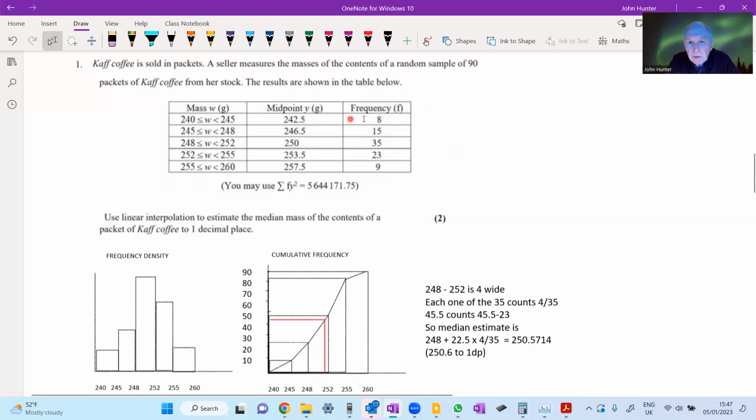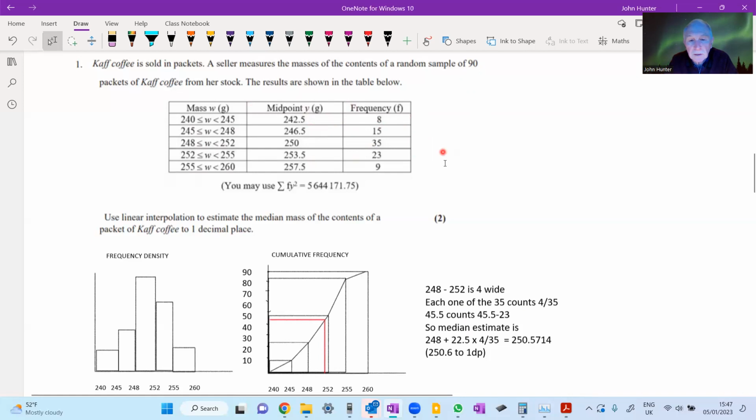Now sometimes we look at this data and say, well, let's work back. If we wanted to find out the mean, for instance, of course, if you had your original 90, you'd add them up, divide by 90, and that would be the mean. But we can still get a good estimate of the mean just by using this table.